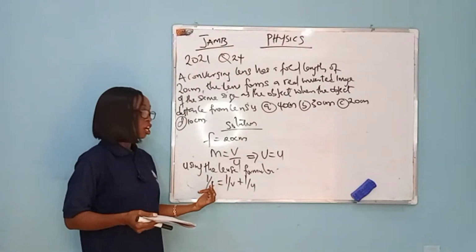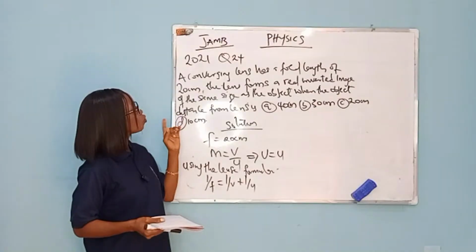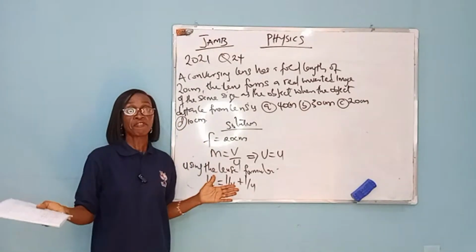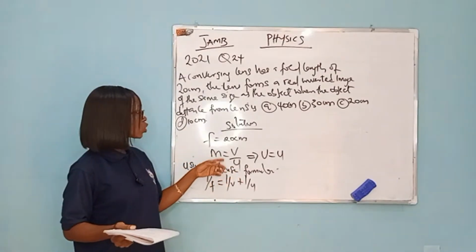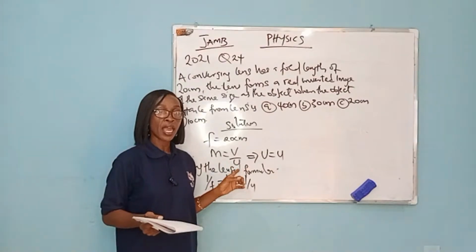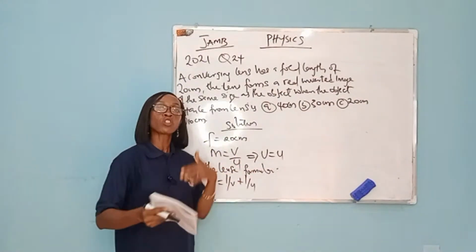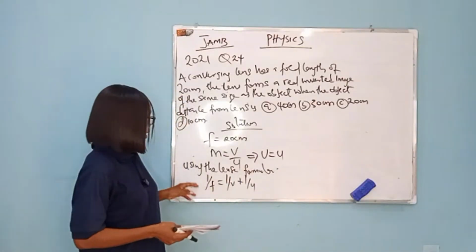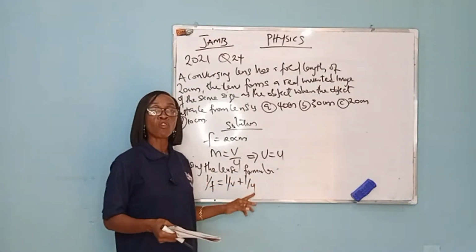And I'm given the focal length as 20 centimeters. I said when the lens forms a real inverted image of the same size, it is magnification. So M is equal to V over U, and your V is equal to U.